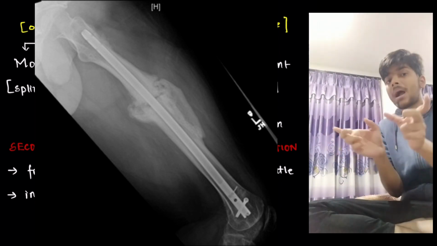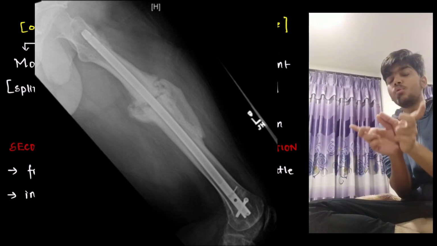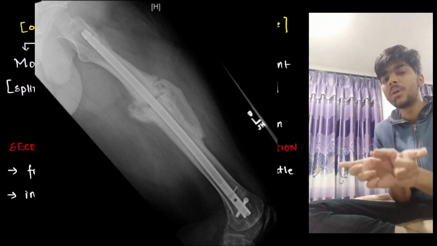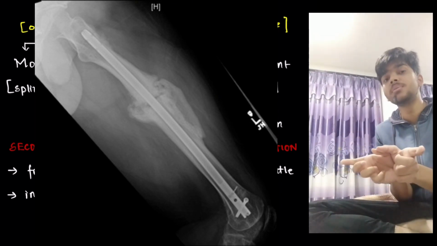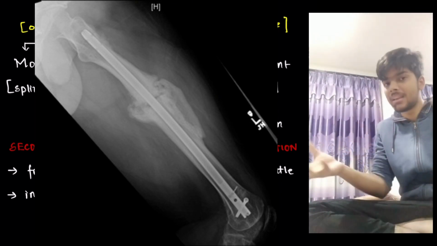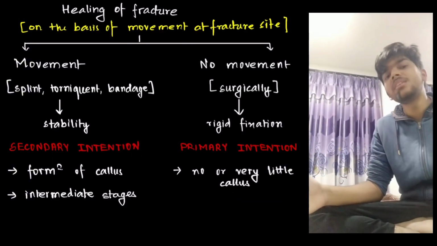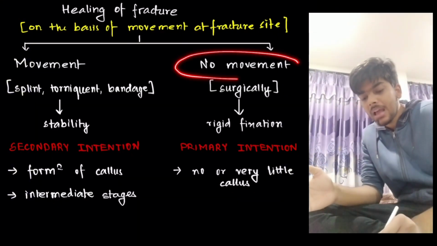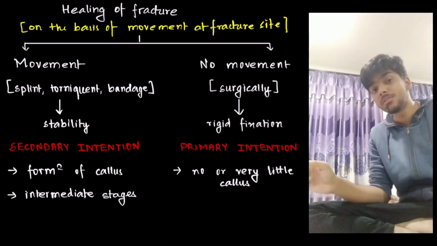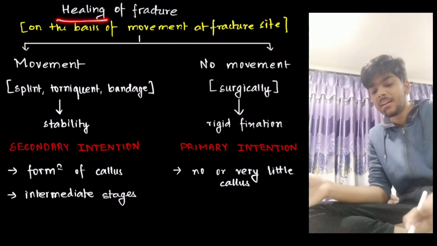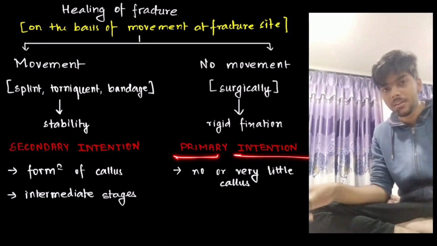The fractured parts of the bone are kept close to one another and rigidly fixed using nuts, bolts, and plates, all surgically applied. As a result, there is no movement at the fractured site. And if there's no movement, then healing takes place by primary intention.